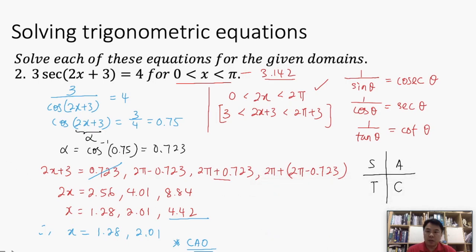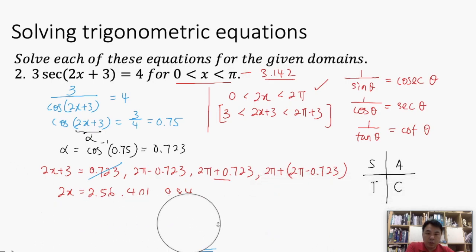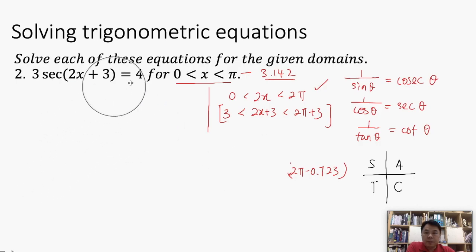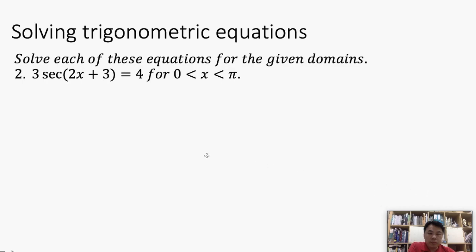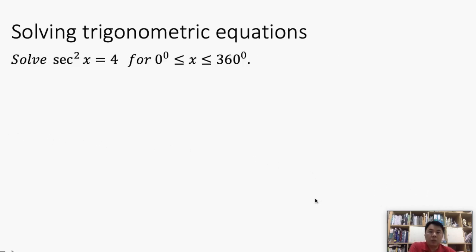Alright. Okay, let me move on to the next one. Okay, next one involves a quadratic form of trigonometric equation, right? Because of the format itself, I will rewrite the identities that we might need.